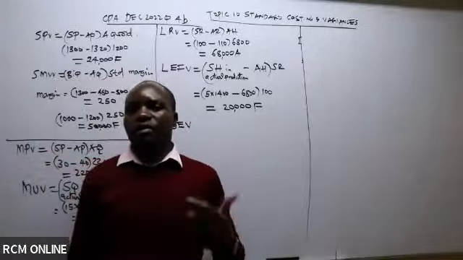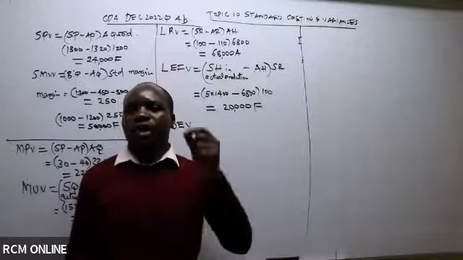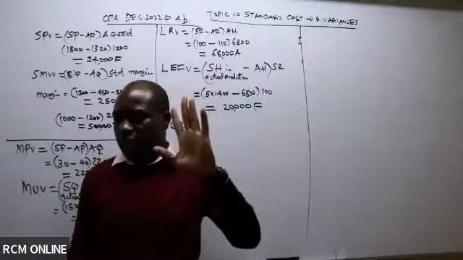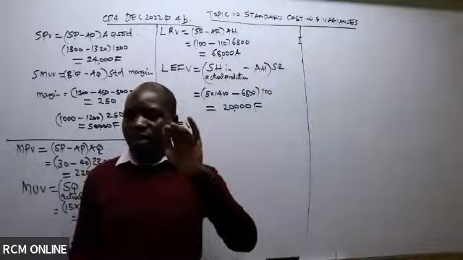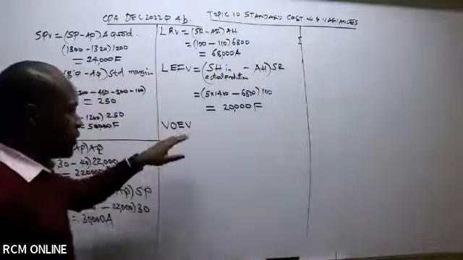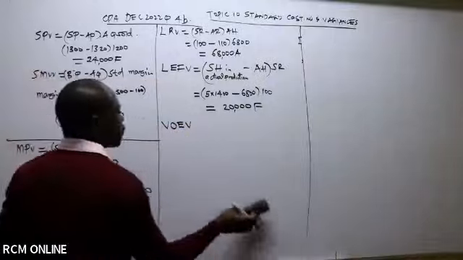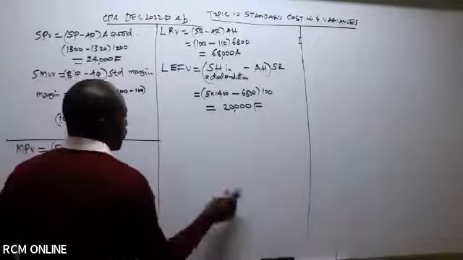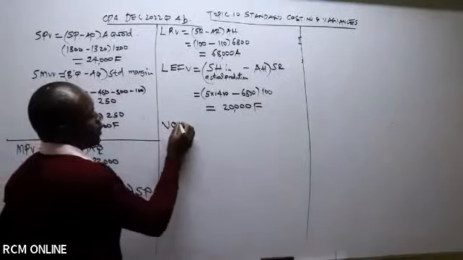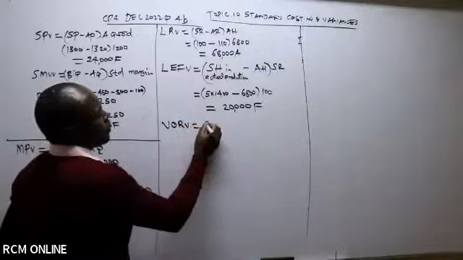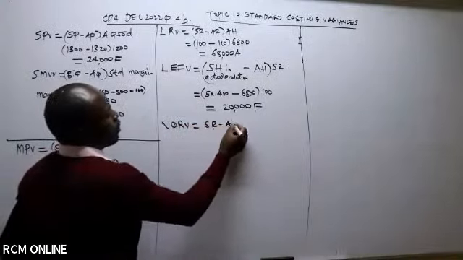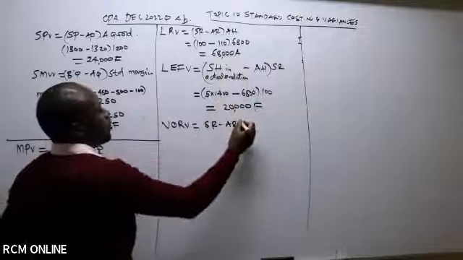We would have talked about standard rates, and we will compare the answers and see. If this was not being absorbed, then we could have talked about variable overhead rate variance, equal to standard rate minus actual rate, the same things we have up here.